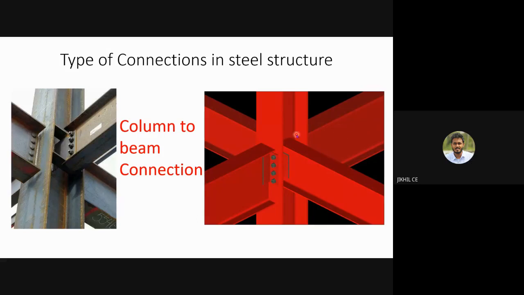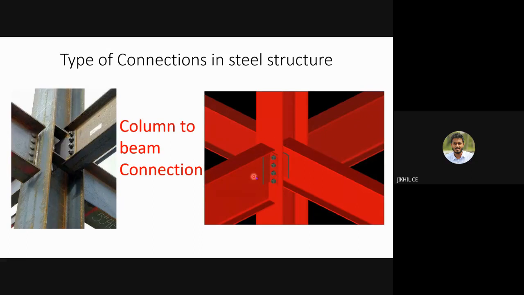They are joined to the column by means of angle sections. When you consider this section, you have the I section beam joined to the flange of the column, and you have an angle cleat like model, and this will be joining between the column as well as the beam.